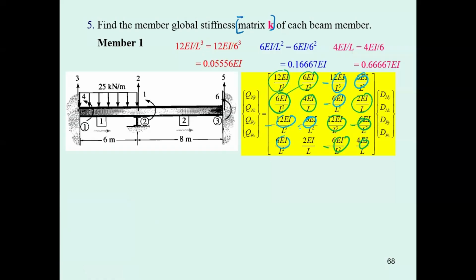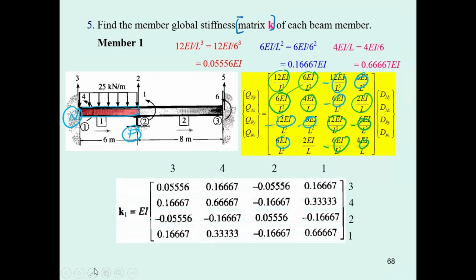That's it. Then coming to member number 1, the degrees of freedom are going to be what? Near end and far end are going to be 3, 4, 2, 1. Very strange, Ajahn, don't worry. Then put everything, and EI is going to be over here. You have no number, you have to have EI.